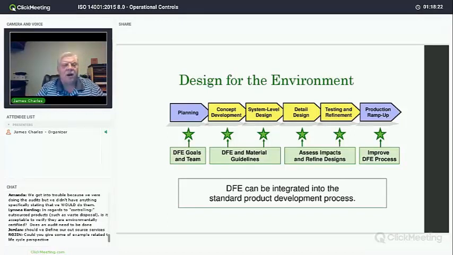This is just a broad brush overview of what's called a design for the environment process. You don't have to have a fully implemented design for the environment process in place, even though the ISO people would love it if you did. But it just shows how, from the concept of a product all the way through product design, the environmental issues can be considered.